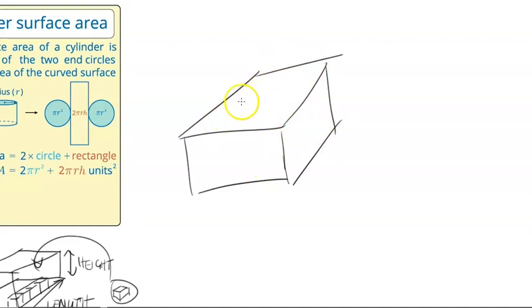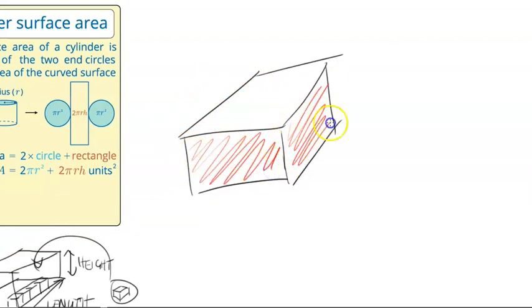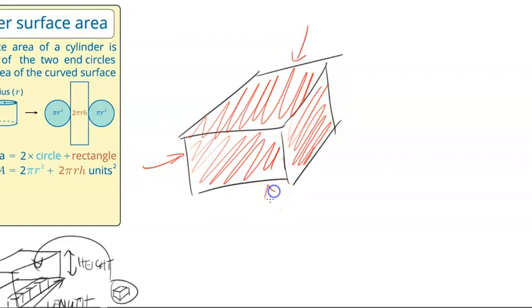So for a surface area, we're getting the area of all 6 sides. So the top, front and side, and then the other side, the back and the bottom. And so you get the area 1, 2, 3, 4, 5, 6. You add all those areas together, and this will give you the total surface area.